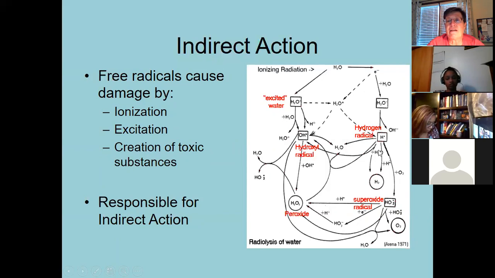And if the hydrogen radical joins with others, it can produce what's called a superoxide radical. These are substances that do not normally exist in the body. So free radicals can ionize atoms, they can excite atoms, and they can also produce these toxic substances which can potentially damage your cells. But the free radical is the method of energy exchange in or with indirect action.